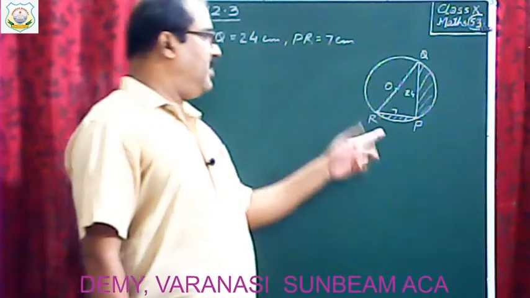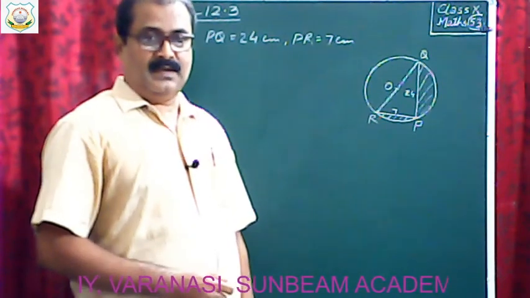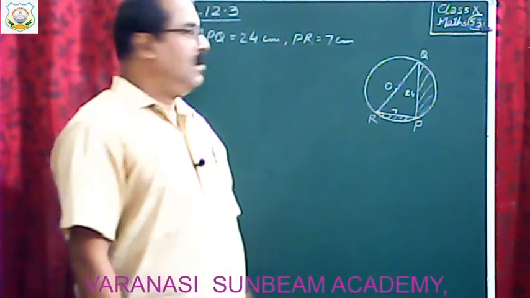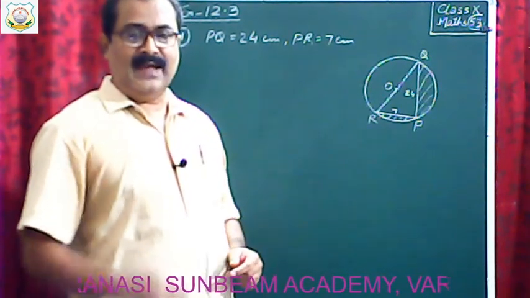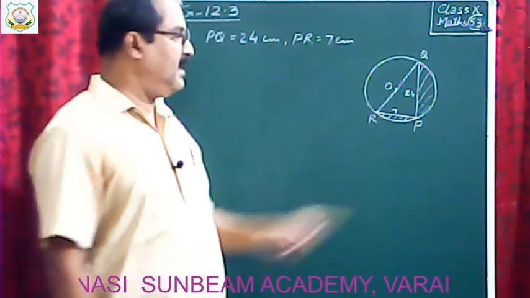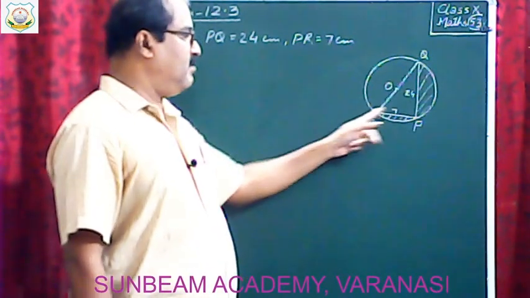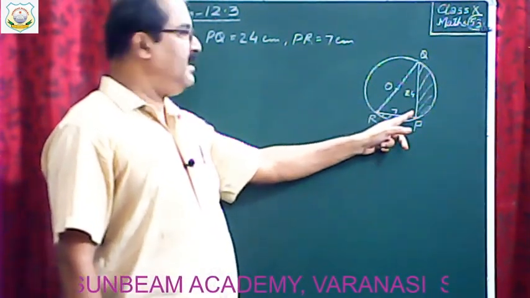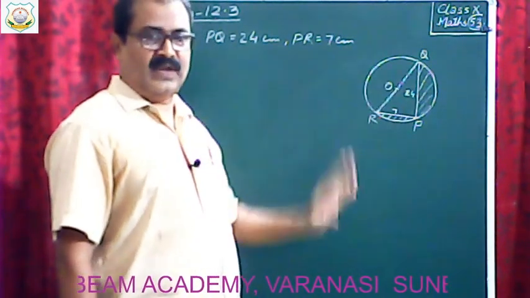How to find the area of the triangle? How to find the area of the semicircle? Radius is not given. So we have a semicircle, and in class 9th we have learned that the angle in a semicircle is a right angle. That's why angle P is 90 degrees. Then triangle PQR is a right triangle.